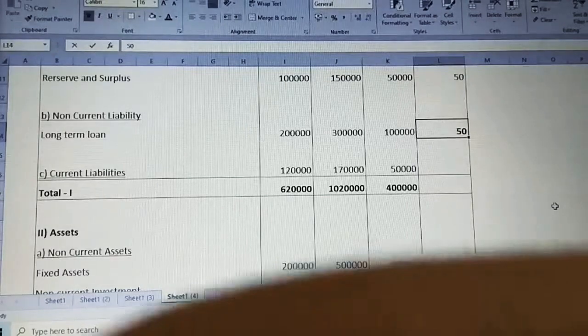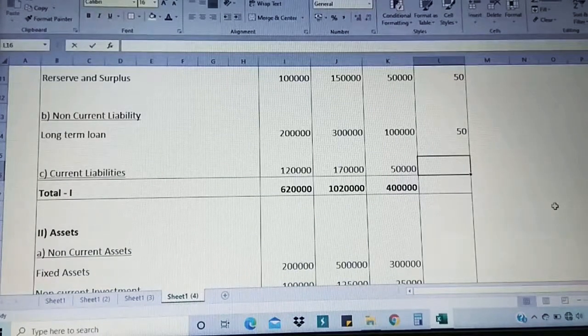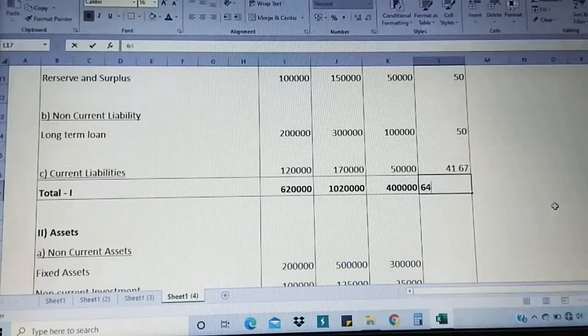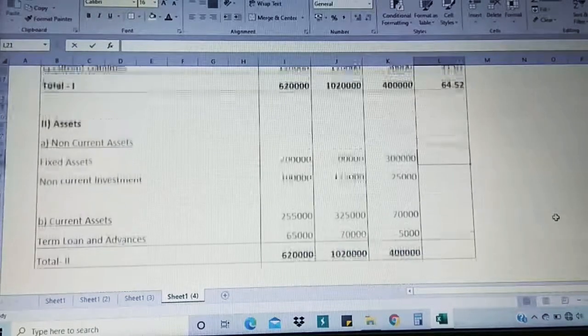Then 50,000 divided by 1,20,000 gives 41.67, which I can round up to 42. Then 4 lakh divided by 6,20,000, percentage: 64.516, which I am going to make 64.52. Next, moving to the assets.